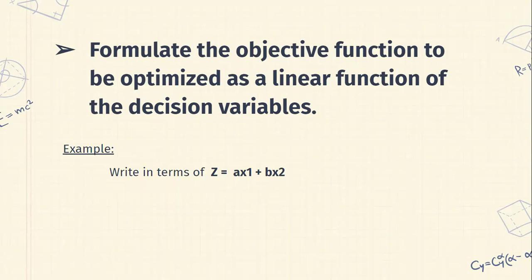You would write the function as z equals ax1 plus bx2. Here x1 and x2 are your decision variables, and a and b are constants related to your profit, which we will discuss ahead when looking at an example.